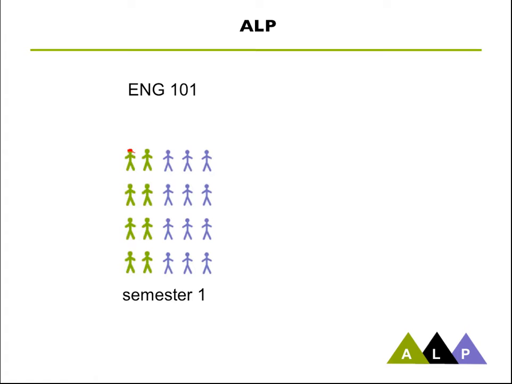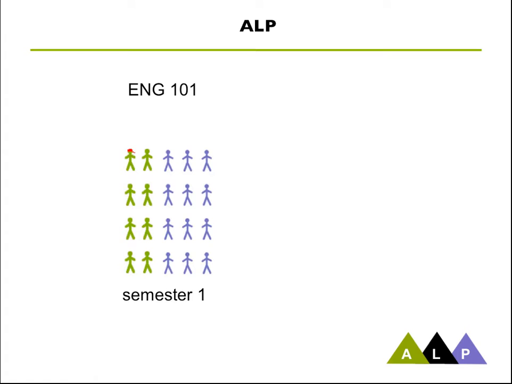Now, this is one of the first ways that ALP is different from other approaches at mainstreaming developmental students into credit English. The earliest of those, as far as I know, was the Stretch program at Arizona State University, Greg Glau's program. But in that program, and in most other programs that allow developmental students to register directly for English 101, they're placed in a section that's still all developmental students.